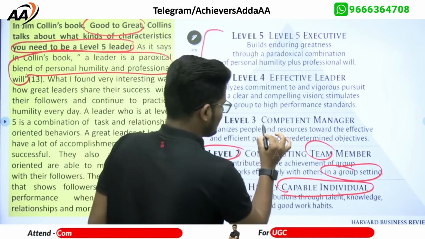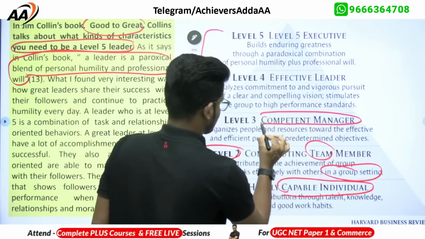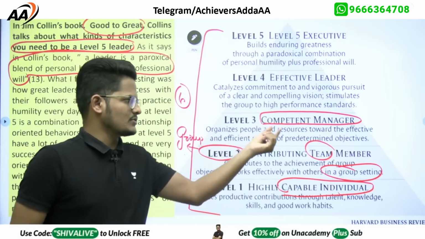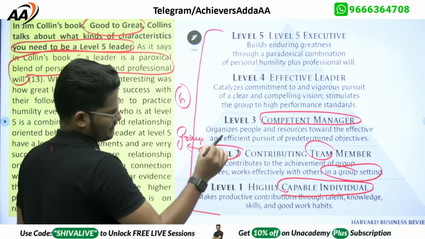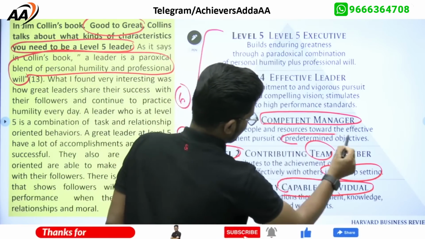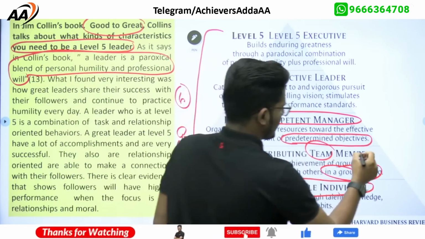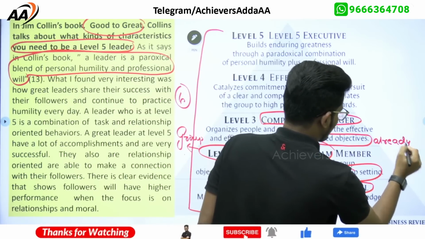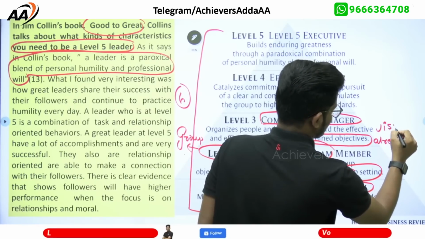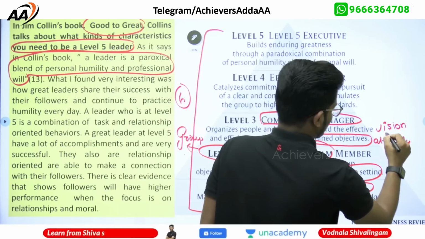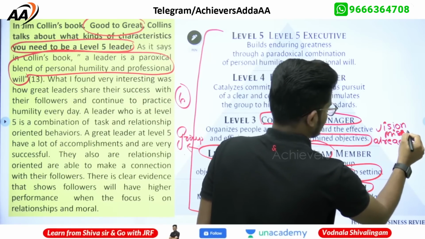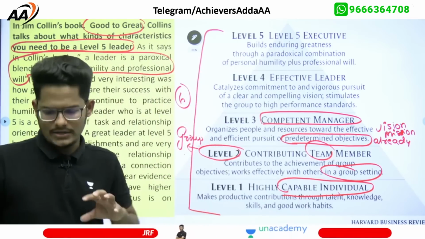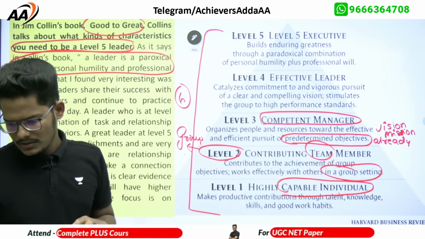Next is a competent manager. A competent manager organizes the people and resources towards effective and efficient pursuit of predetermined objectives. Predetermined means the vision and mission are already decided. As a leader, this person will try to attain the vision, mission, objectives and goals of the organization.